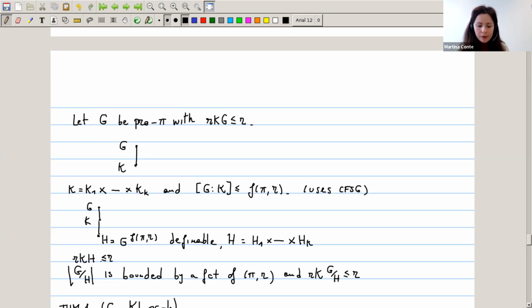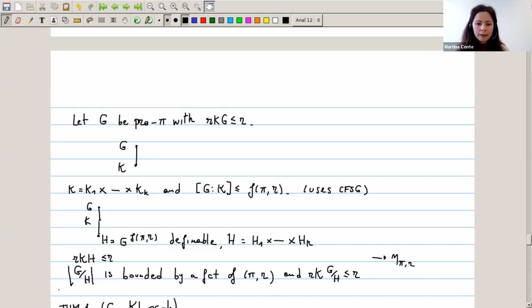Remember, for pro-p groups, we found a subgroup that has rank bounded by R, such that the quotient has rank bounded by R. And so let's say that this gives us a sentence eta(pi, R) that will tell us that a pro-pi group has rank bounded by 2R in total. But we want to say that G has rank exactly R.